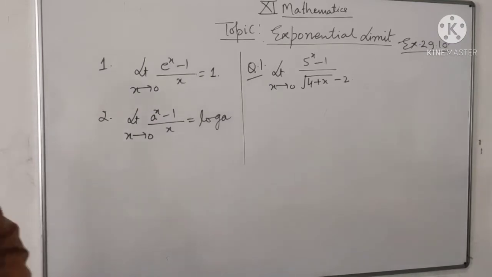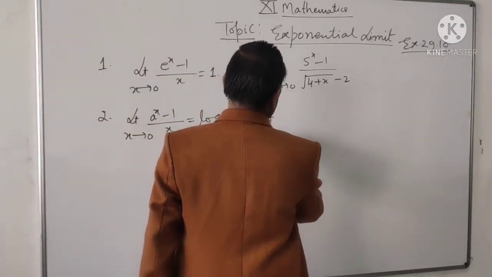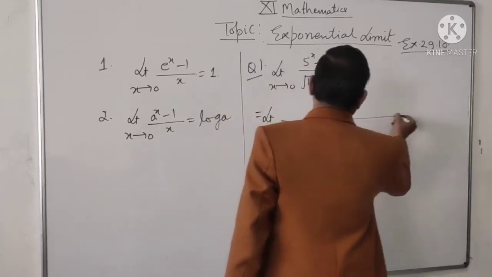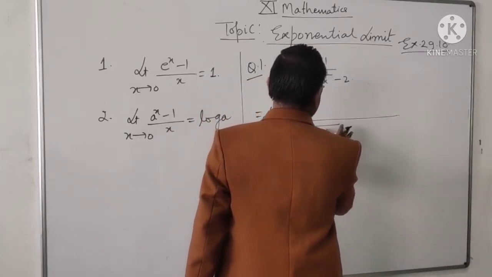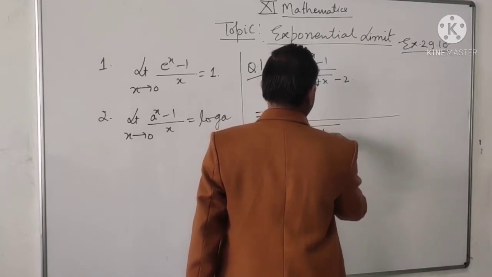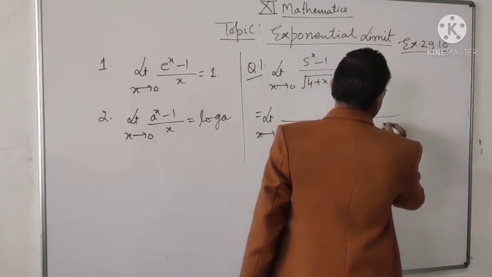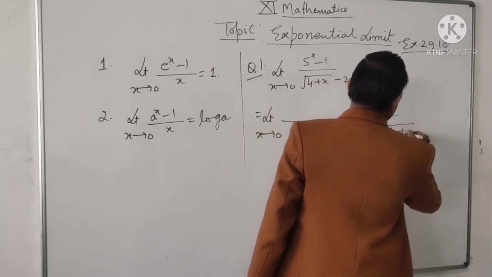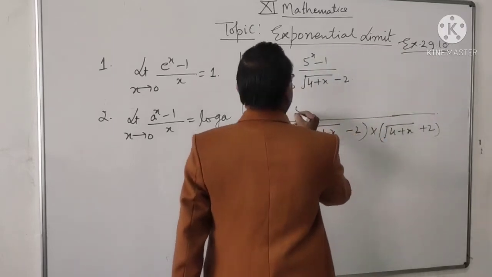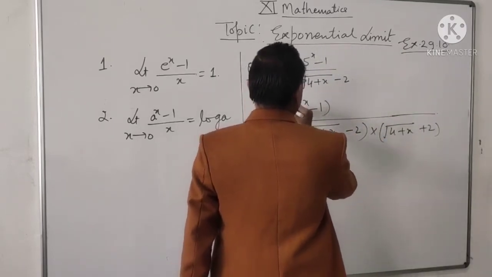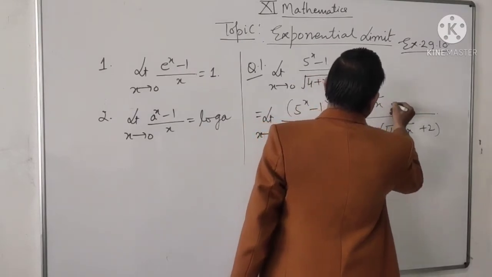So, first of all, we will rationalize the denominator: multiply by root 4 plus x plus 2 in the numerator and denominator, giving 5 power x minus 1 into root 4 plus x plus 2.